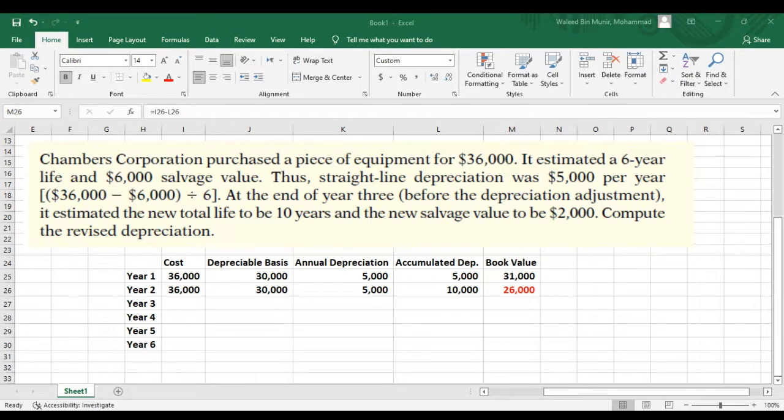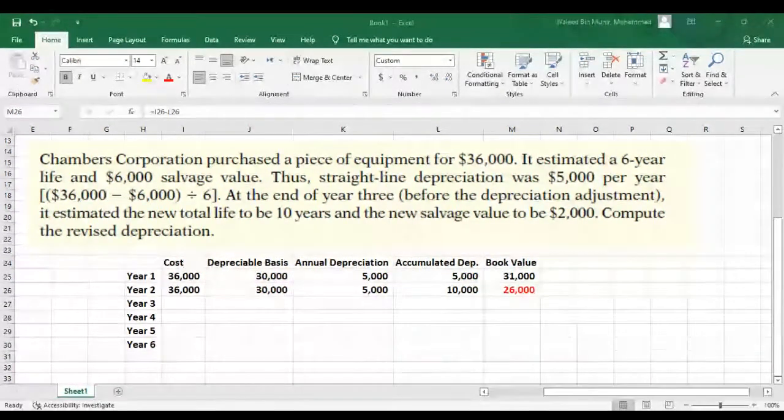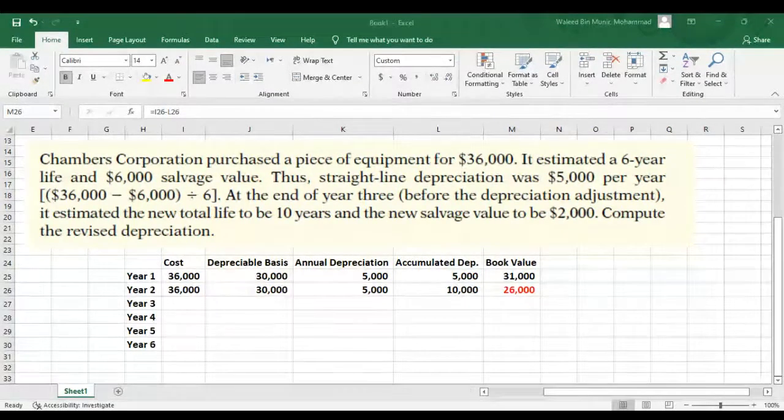So for new depreciation, what will happen now? You have to see what your depreciation is now. What will be the depreciation? Can you calculate?